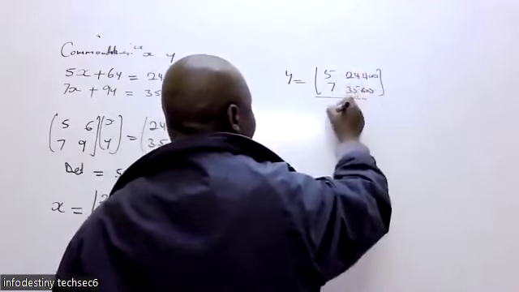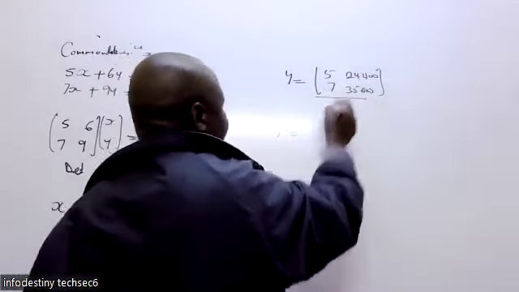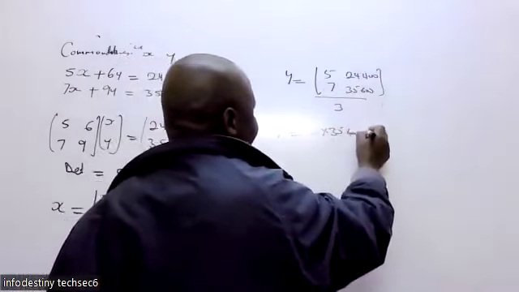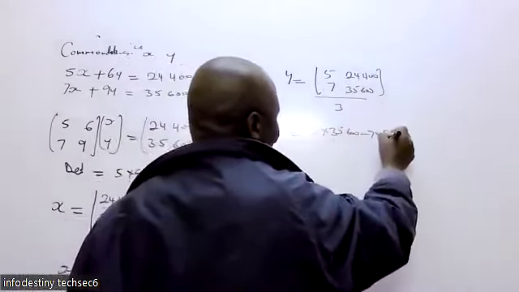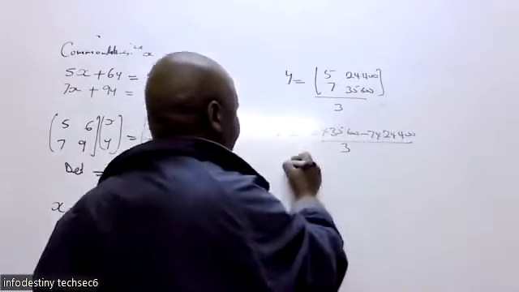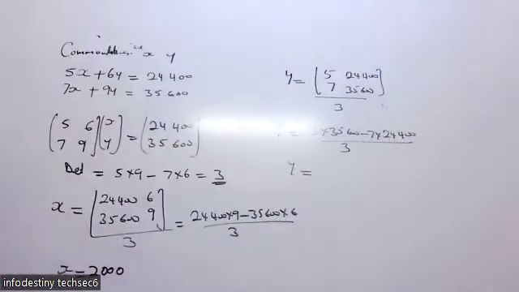You divide by 3. Then y will be equal to this times this, 5 times 35,600 minus 7 times 24,400, divided by 3. y equals 2,400.